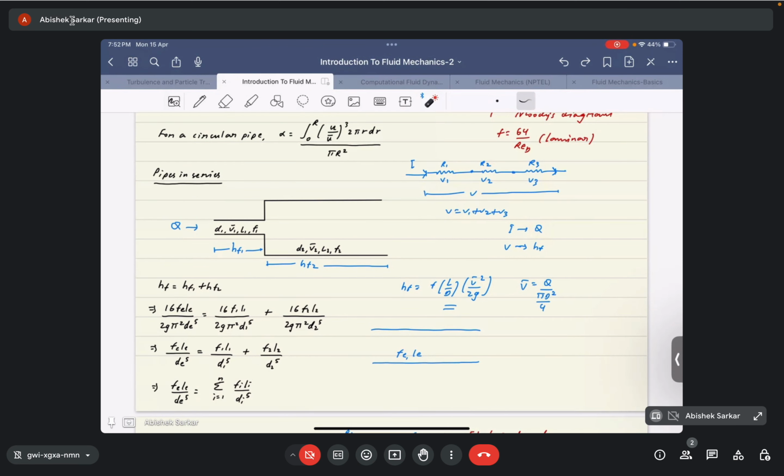Here, since there are three branches, the net current is equal to the sum of all the currents through these different junctions. Similarly, the total volume flow rate is equal to the sum of the volume flow rates through these two different pipes. Okay, so the equation that we have in our hand is Q is equal to Q1 plus Q2, that is the total volume flow rate is equal to the sum of volume flow rates through these two separate pipes, and HF1 is equal to HF2.